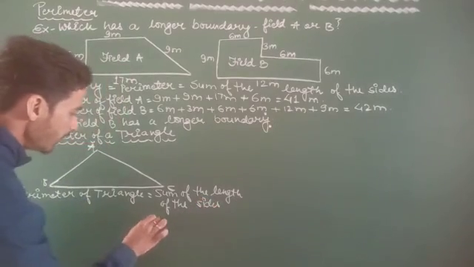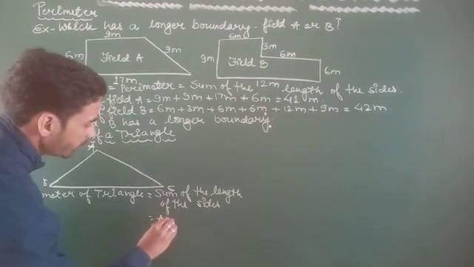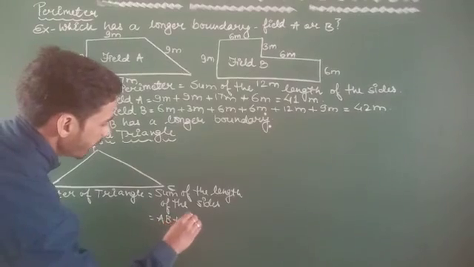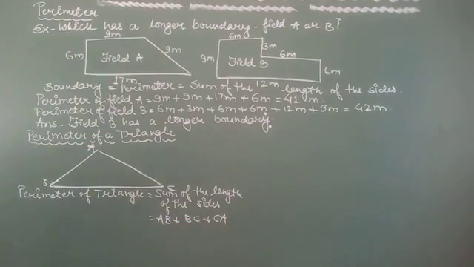So that is length of AB plus length of BC plus length of CA.